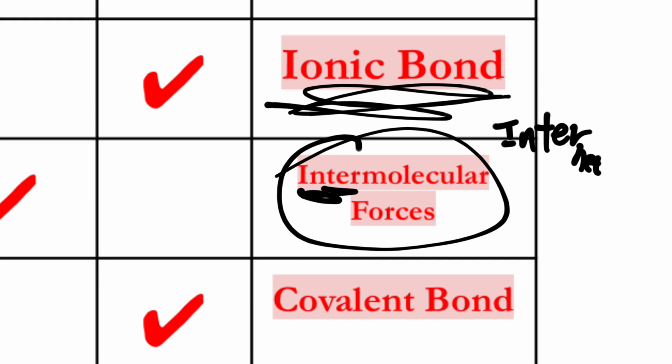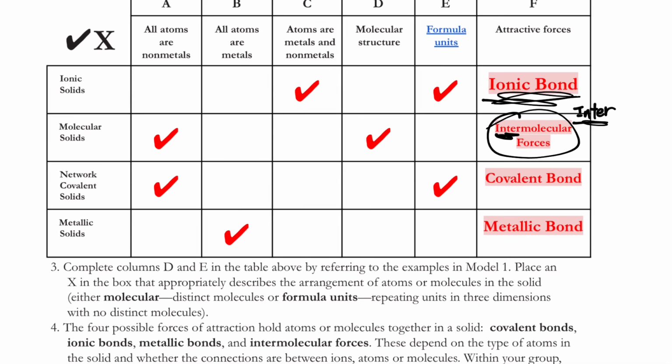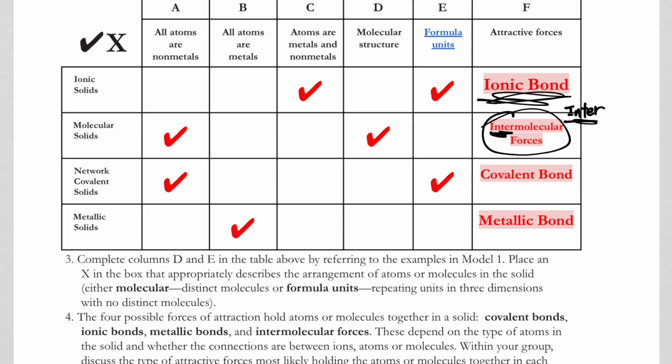So essentially, inter means between things. So intermolecular means between molecules, and that is going to be a key word that will come back later when we talk about the various solids. And obviously, in the covalent network, it is going to be covalent bonds. And last but not least, metallic bonding is going to be between the metallic solids.